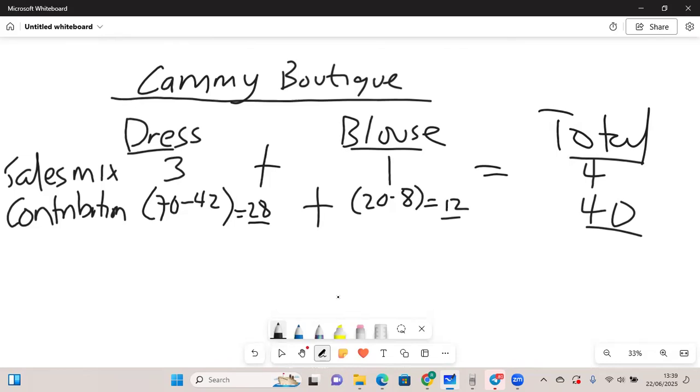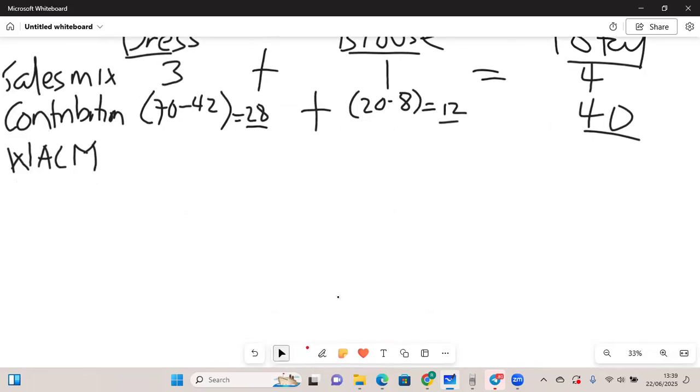Now, because we'll be using weighted average contribution margin, let's move on to find our WACM. As far as you've been able to find a contribution, the weighted average contribution margin becomes easier. We apportion the contributions based on their sales mix.